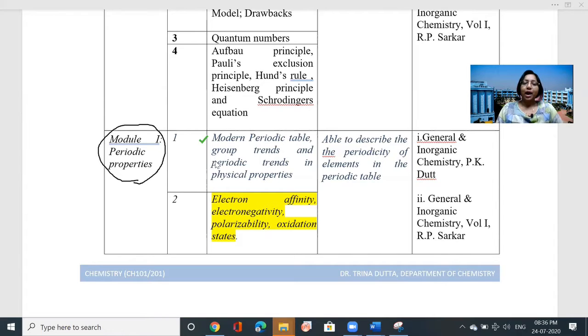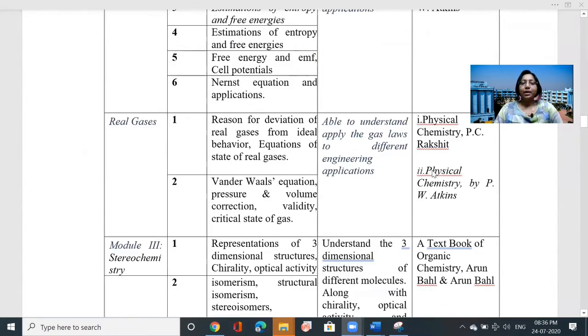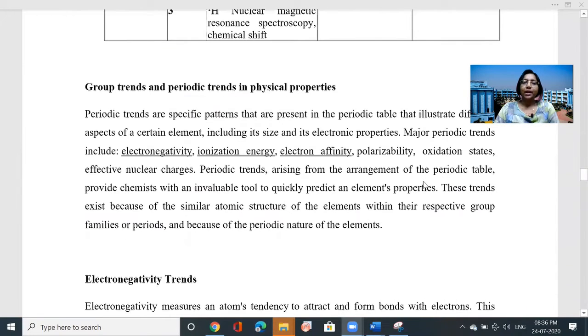So now you have the modern periodic table. Today you will learn electron affinity, electronegativity, polarizability, and oxidation state. You will learn how, as per the groups in the periodic table, we can understand the different properties.